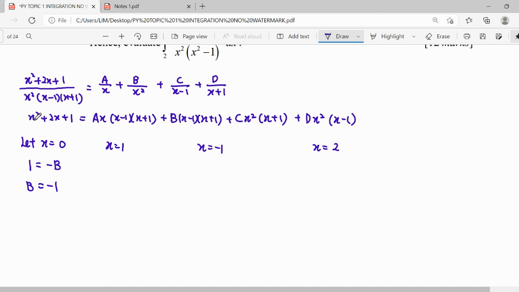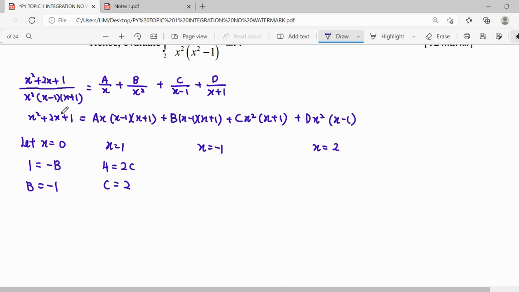When x is 1, 1 plus 2 is 3, 3 plus 1 is 4. X is 1, so this is 0, this is 0. This one, 1 plus 1 is 2, so 2c. So c is 2.